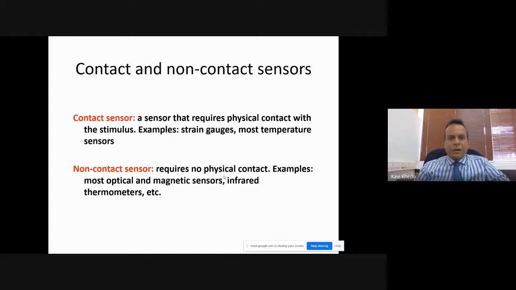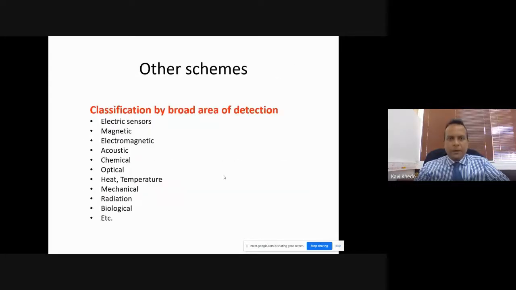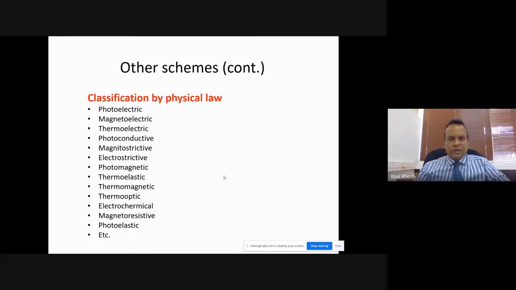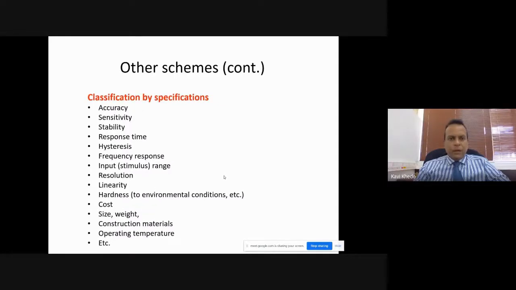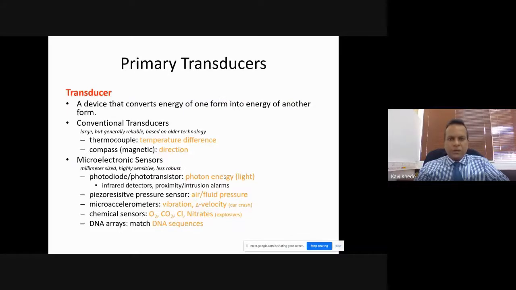A sensor can be classified in terms of contact and non-contact sensors as well, absolute or relative sensors, and other ways of classifying in terms of electric, magnetic, electromagnetic, in terms of the broad area of detection, or in terms of the physical law that they use, whether light, magnetic, or temperature, thermal, by its specification, by its application area. So these are different ways of classifying sensors. We have discussed what is a transducer.